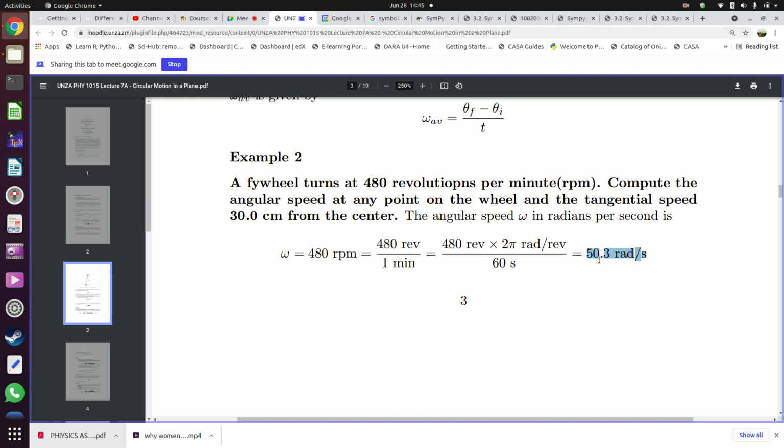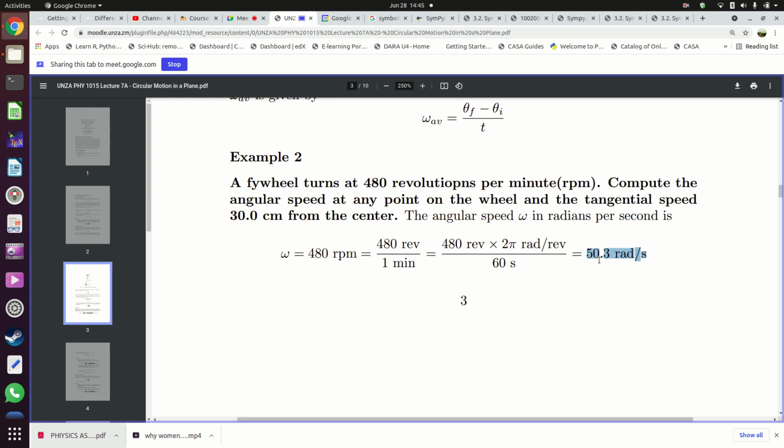So basically what I'm trying to show here is that, whether it's angular velocity or angular displacement, sometimes you'll be given the angular displacement in revolutions, sometimes in degrees. You still have to change it to radians.